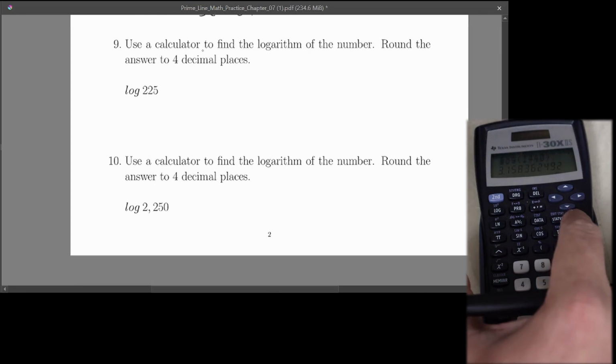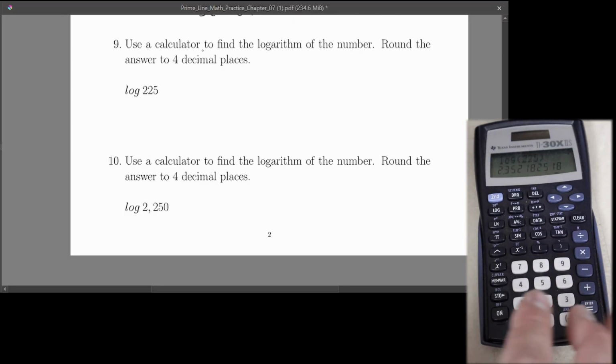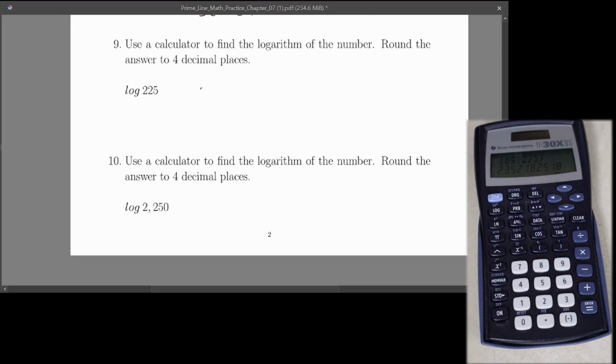All right. Log of 225, and we get 2.352182518. We're rounding to 4 decimal places, so 1, 2, 3, 4. It goes up: 2.3522.